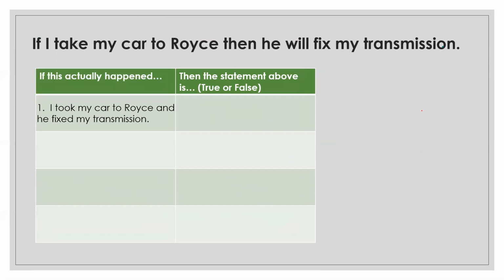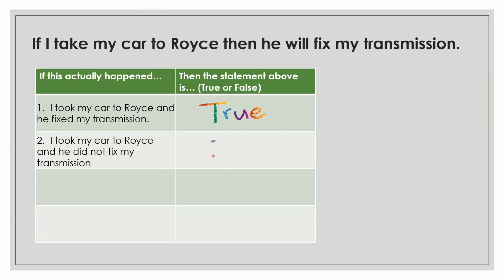I took my car to Royce, and he fixed my transmission. Yes, I am telling the truth. Scenario number two, I took my car to Royce, but he didn't fix my transmission. Then this statement is false.